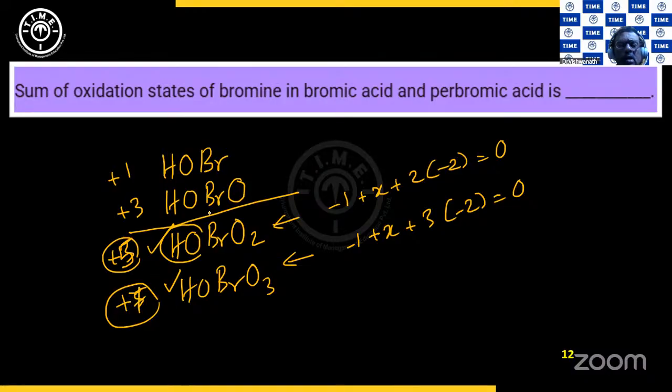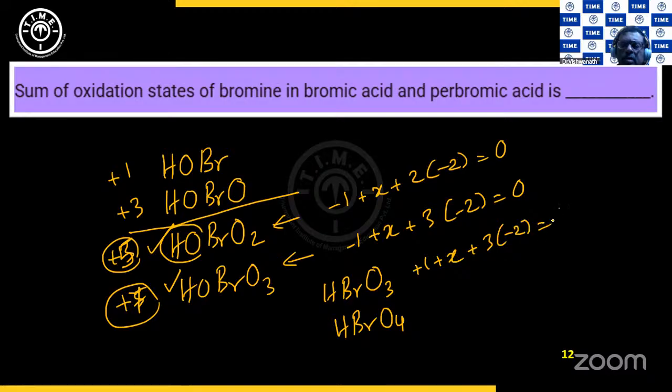Correct. Now, if you look at the simple thing, HBrO3, HBrO4. So plus 1 plus x plus 3 into minus 2 is equal to 0. So where have we made the mistake? So this is plus 5. Yes, this is plus 5.